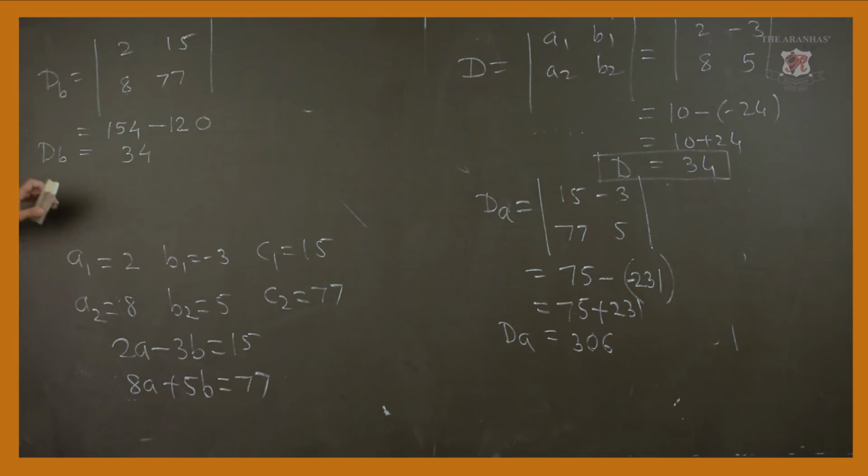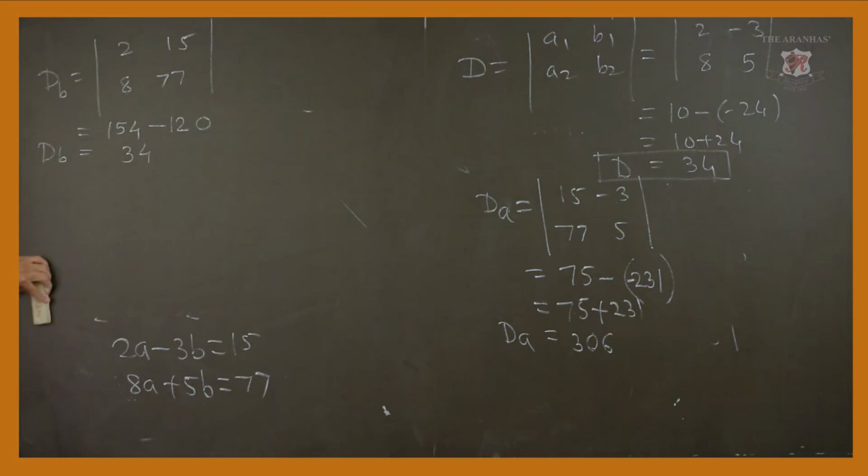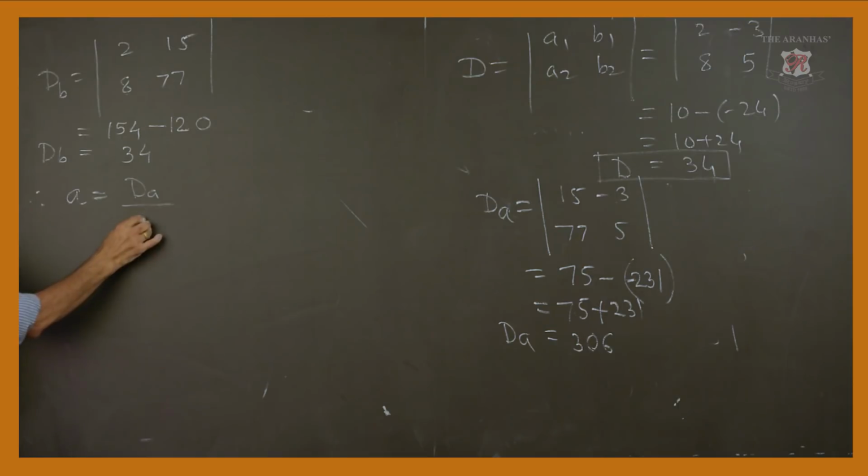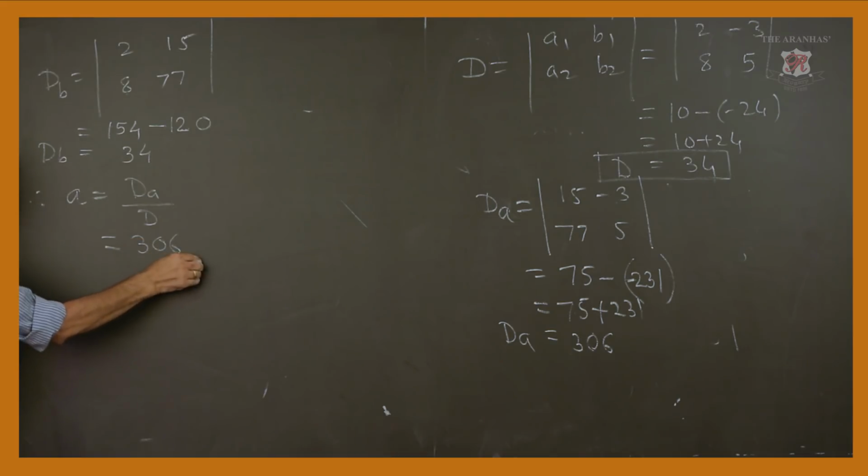Now once you have the values of D, dA and dB, I can find the values of A and B. Therefore, what is my A? My A will be dA upon D, which is equal to 306 upon D. What is my D? 34.